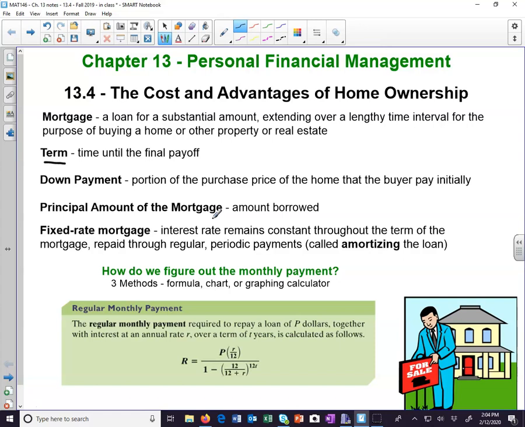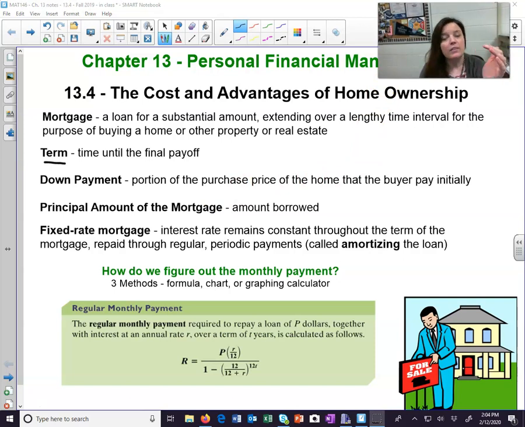Those aren't offered as much anymore because we saw a lot of negative effects with the adjustable rate mortgages, especially with the housing crisis several years ago when house prices dropped.